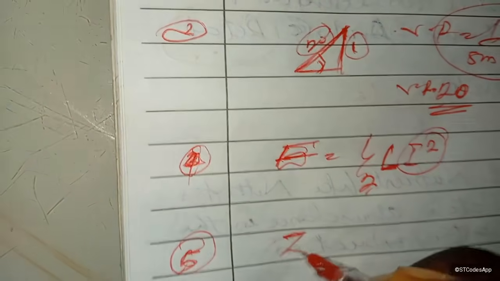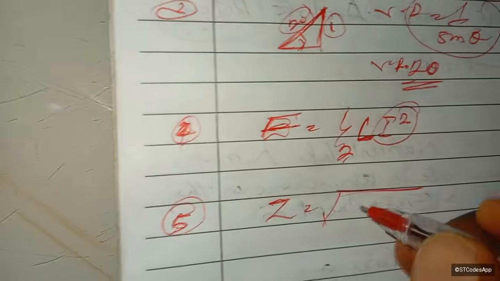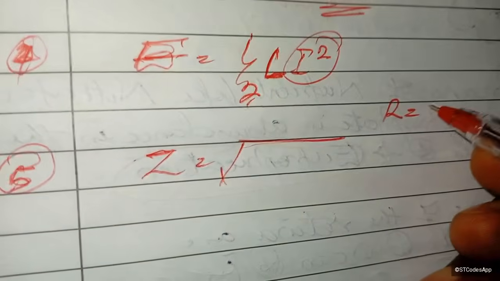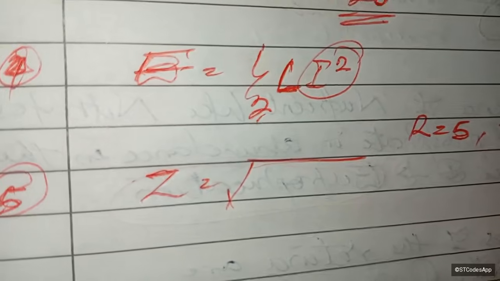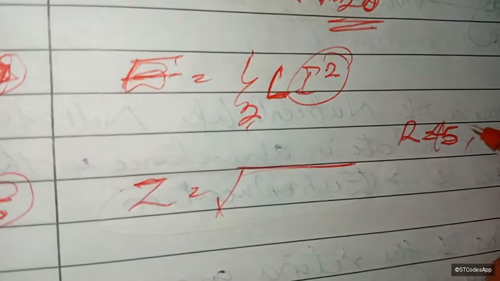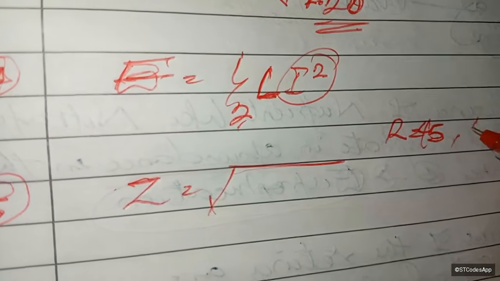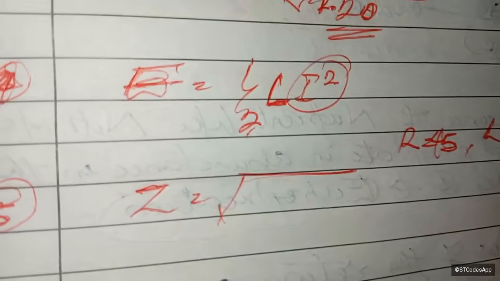Then another one was on impedance. So Z is equal to, the formula you have to use, I can't really remember all the values he gave me, but he said R was 45, and the L was 0.5.